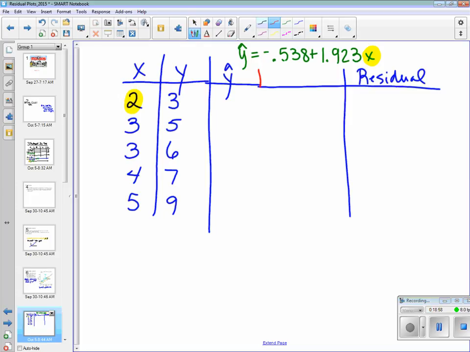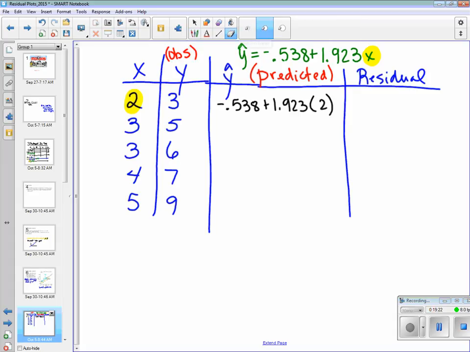I'm trying to find the predicted. If you remember, what we see is our observed, what's given to us. Those were the points on the scatter plot. The predicted value is going to be negative 0.538 plus 1.923 times 2.